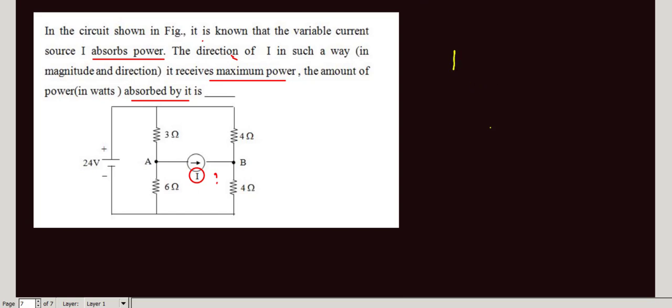Suppose I have an independent voltage source. If current leaves from the positive terminal, it delivers power. If current enters the positive terminal, this voltage source absorbs the power.